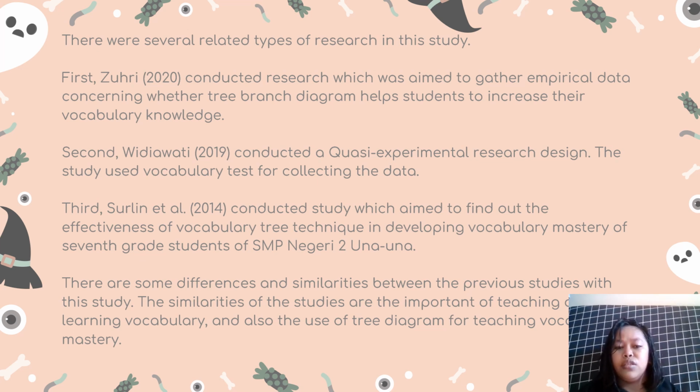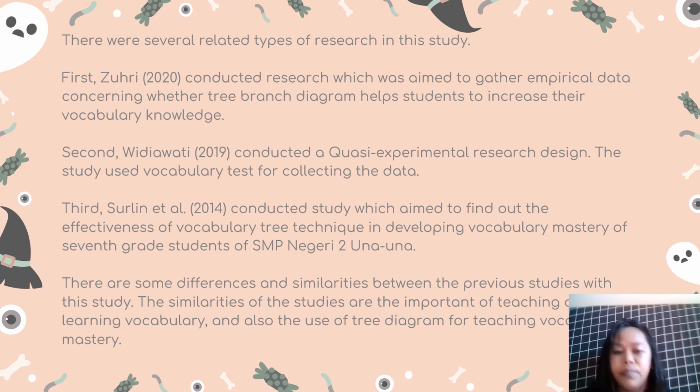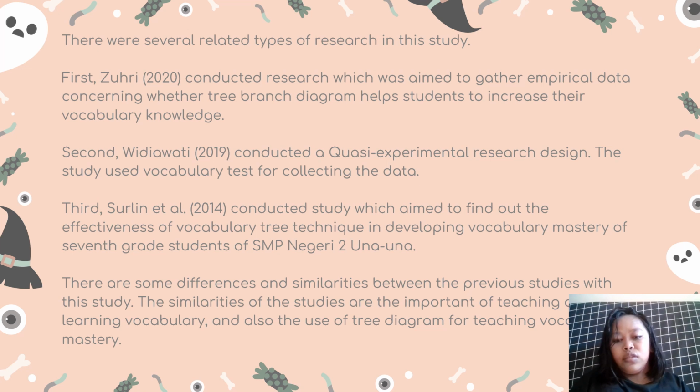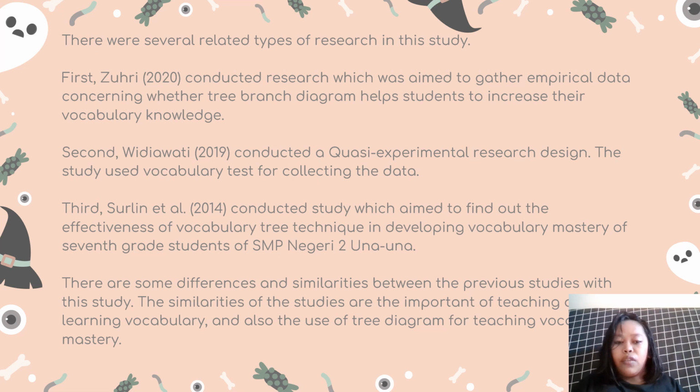The study used vocabulary tests for collecting the data. Third, conducted a study which aimed to find out the effectiveness of vocabulary tree technique in developing vocabulary mastery of seventh grade students of SMP Negeri 2 Una-Una.